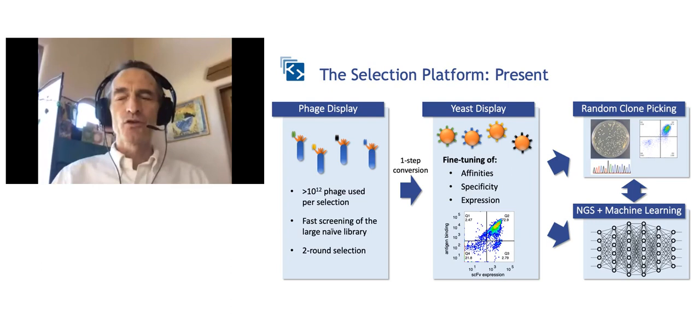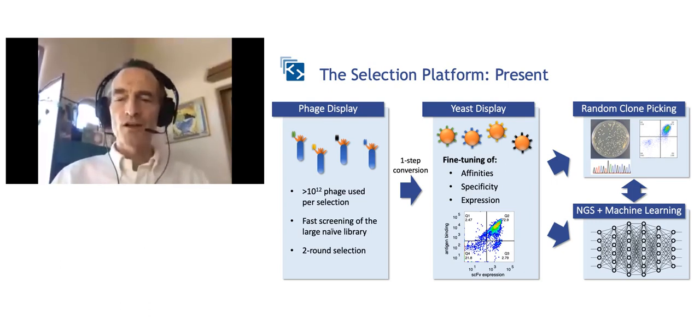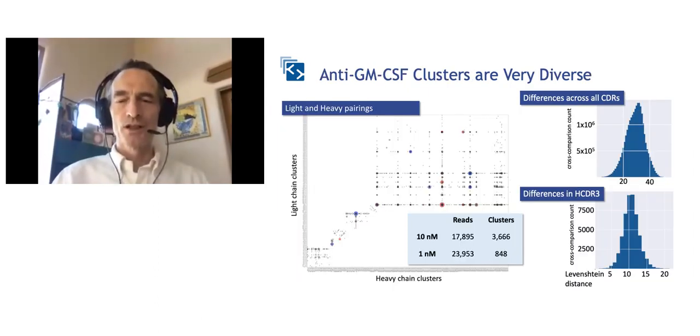And then we use it to organize the antibody sequences that we get into clonotypes or clusters. We then use the randomly picked clones, as well as the next-gen sequencing and machine learning, to identify a set of antibodies that we either have in hand if they've been picked, or if not, need to make using gene synthesis.